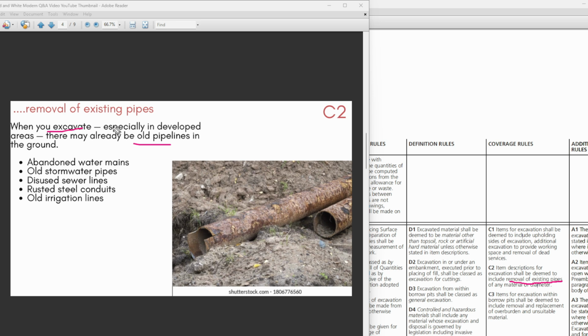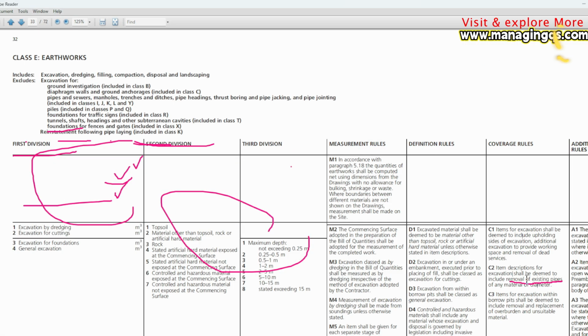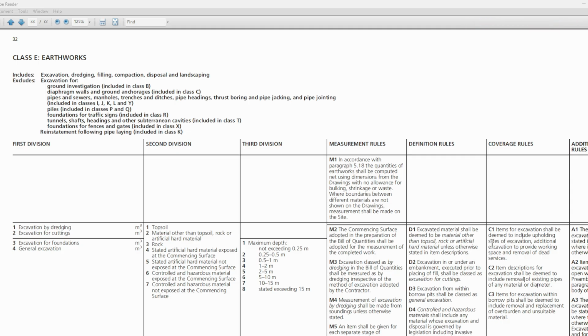When you excavate, especially in a development area, there may already be old pipelines in the ground. We can say some abandoned water mains, storm water pipes, sometimes drainage water, some steel conduits, some old irrigation pipelines. If you find these things, you should remove these old items. So this is also included in your excavation rate, and you cannot claim separately for this.